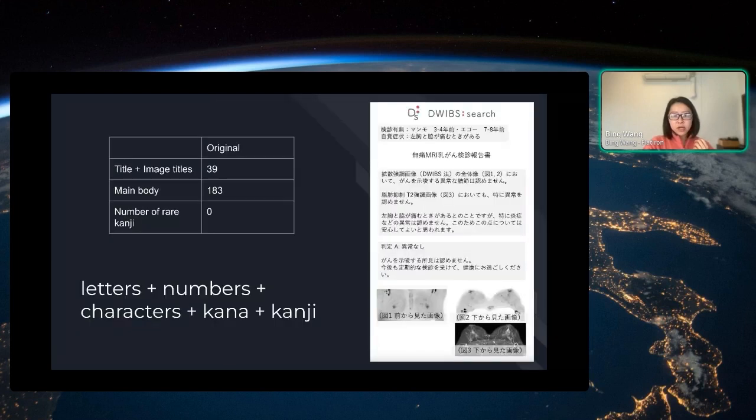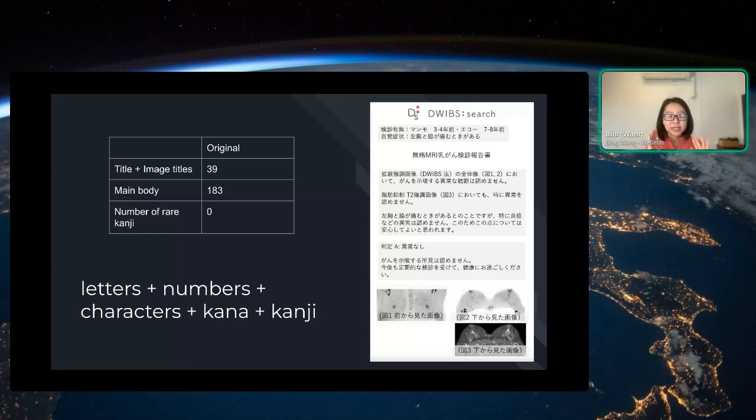For each part of the document, I calculate the length of the text. The text includes any letters, numbers, and characters. For the Japanese language, they have two different kinds of writing system symbols. One is called kana, and the other is kanji. Kanji is basically Chinese characters.